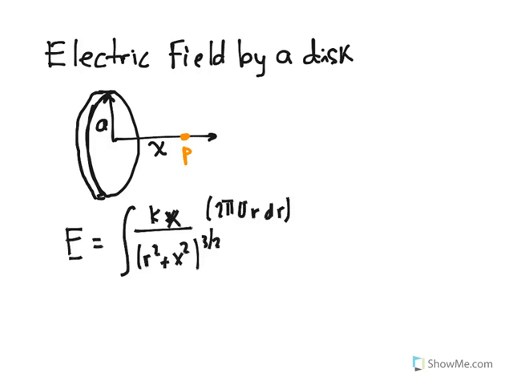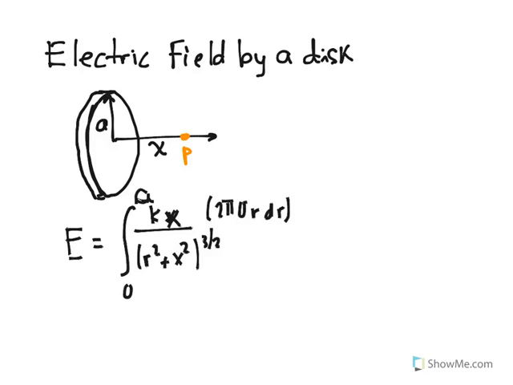So this is going to be the integral of this expression, and we're going to integrate from 0 to a, since the differential we're integrating is the differential of the radius, and the radius here is a.